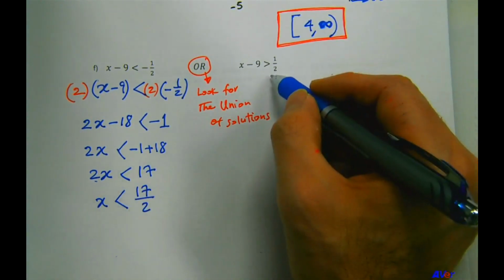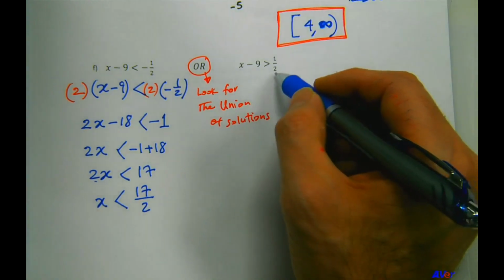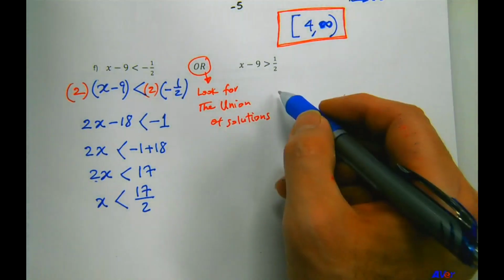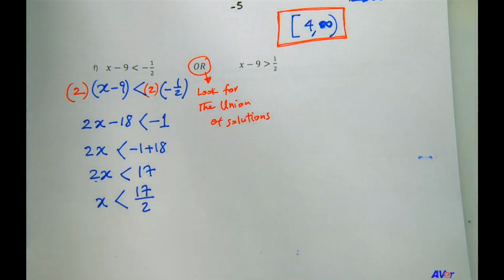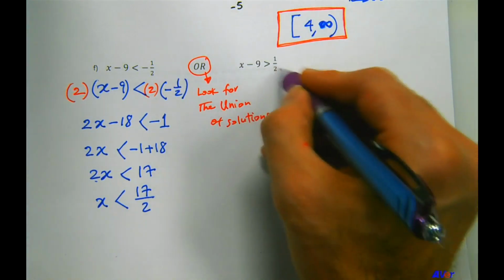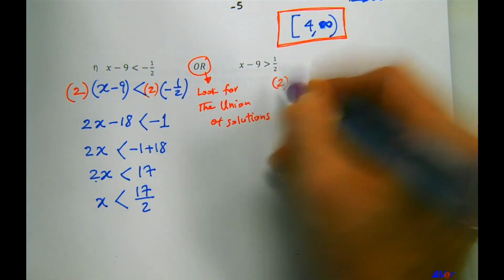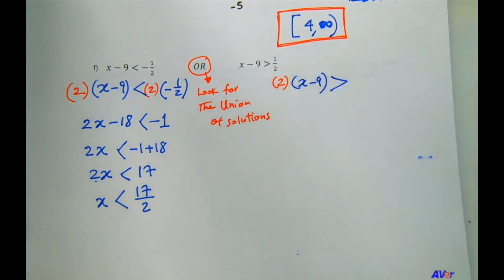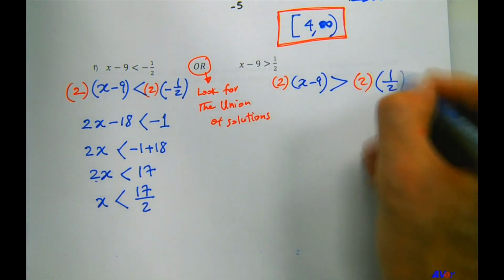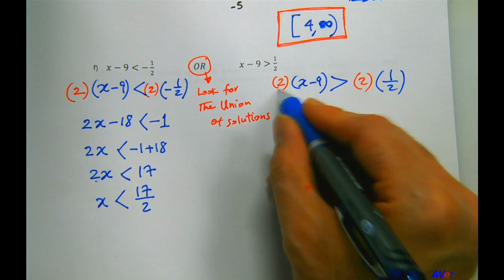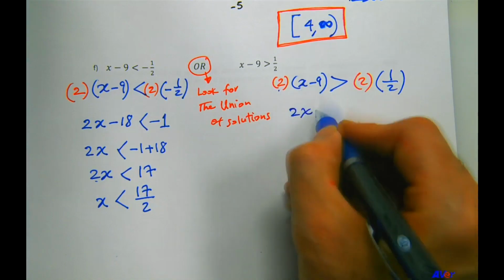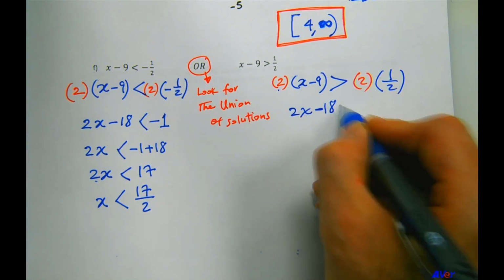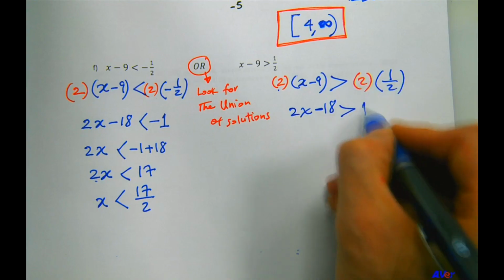Let's look for the individual solution here. Once again, we want to multiply both sides by 2 to get rid of the one fraction we have. So 2 times x minus 9 greater than 2 times 1 over 2. Let's distribute now: 2x minus 18 greater than 2 times 1/2 is 1.